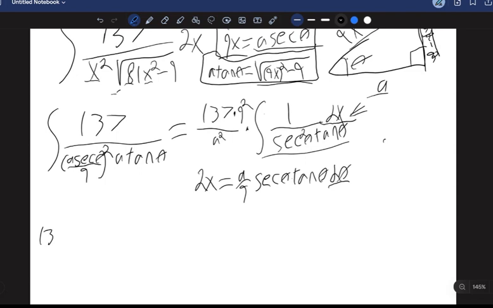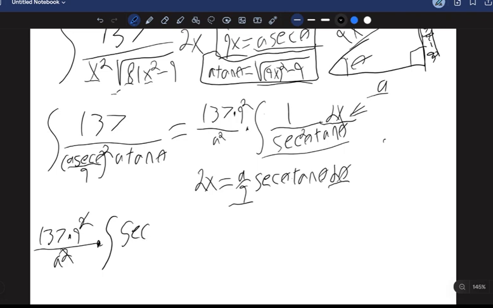And we have 137 times 9 squared over a squared times the integral. And we can bring out this a over 9 again, so we would cancel out this and this. Does that make sense? Oh, yes.